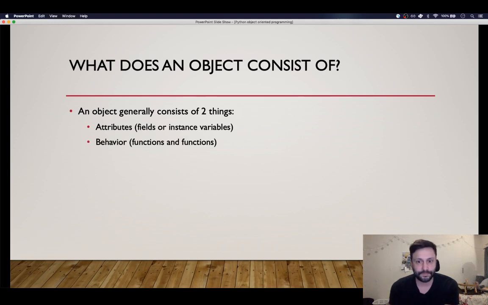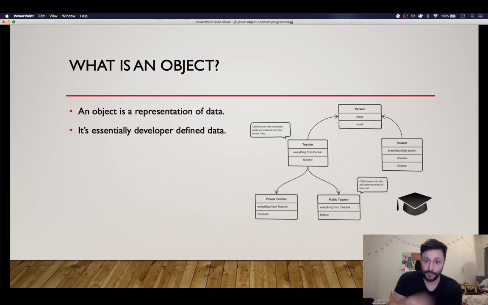For example, in this relationship diagram, a student might be able to change their classes. A student might drop journalism as an elective and add photography as an elective.